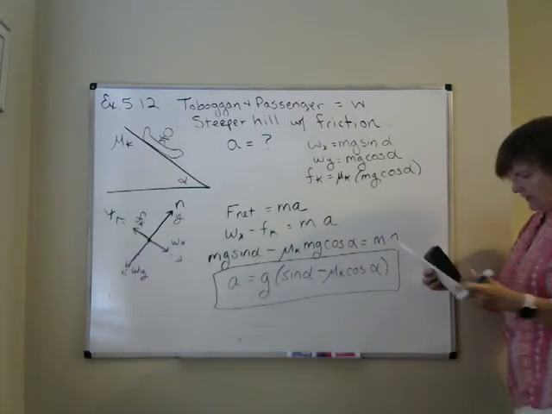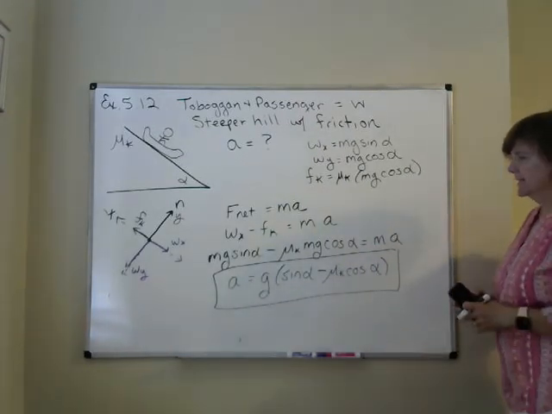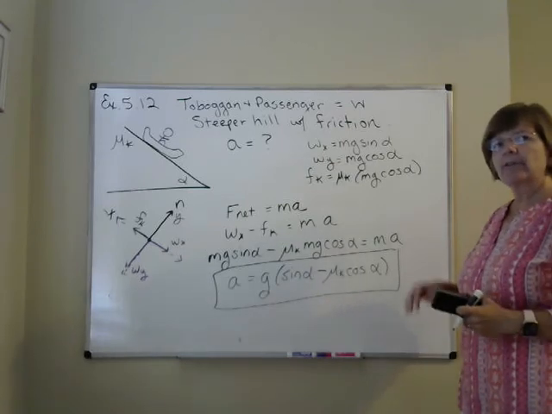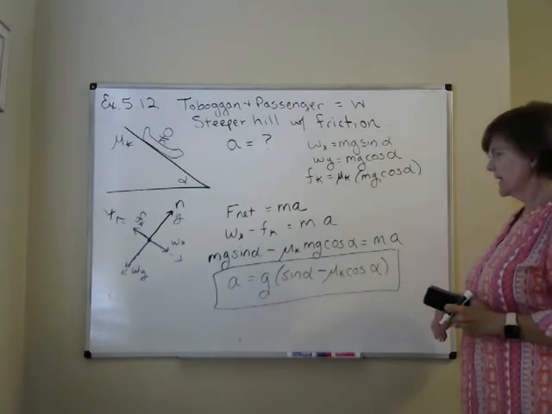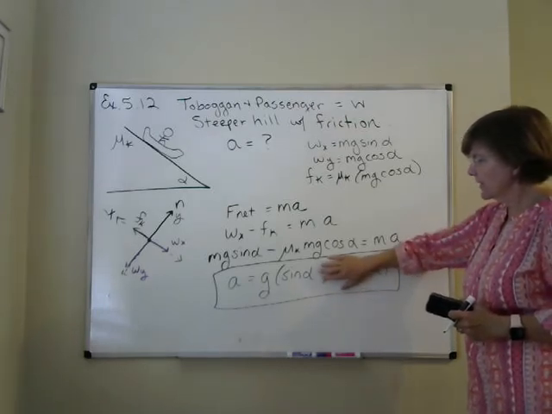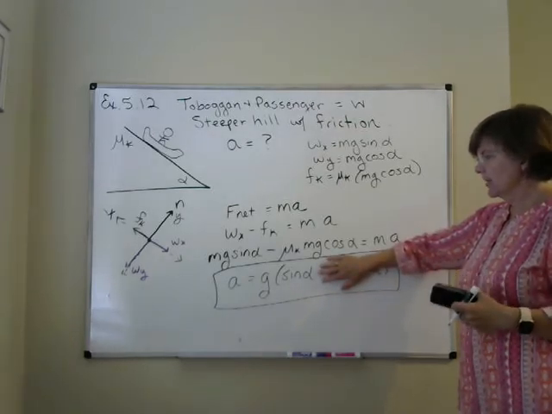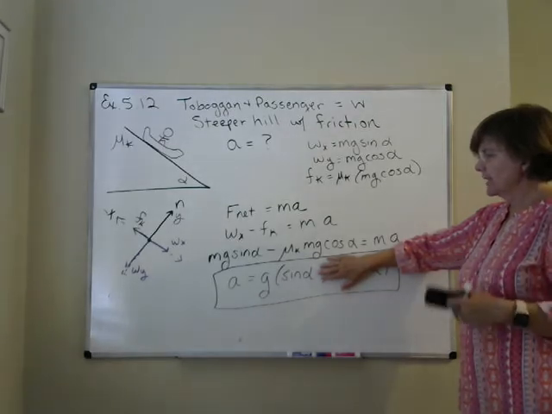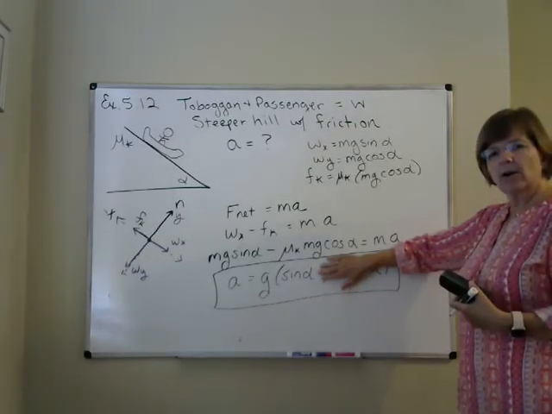Look at this answer and let's stop and think if it makes sense. When we did not have friction, if this mu k is 0 and there's no friction, the very first example, our acceleration is g sine alpha. That's what we got.